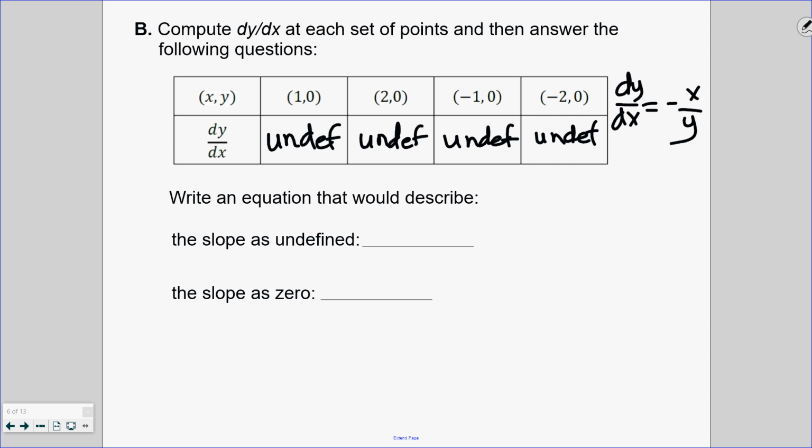So what that tells me is if I was trying to look for a slope field to match something, I would realize, hey, all the way along the whole x-axis, there's not going to be any little slopes drawn because it's undefined. The slope is undefined there. So if you were writing a slope that was undefined, what kind of equation would you have? Well, this is on the x-axis, so you would have an equation of y equals 0. And if the slope is 0, we would have x equals 0. Would be the description of that for this differential equation.